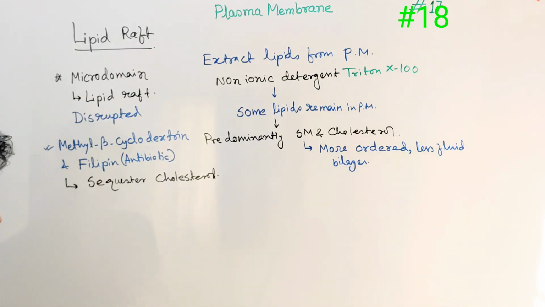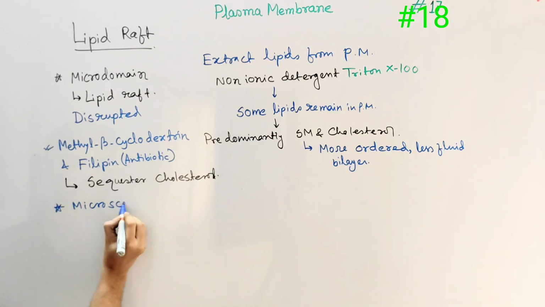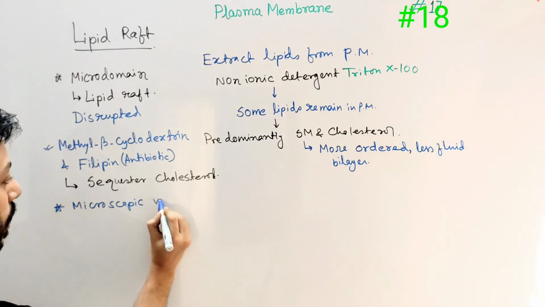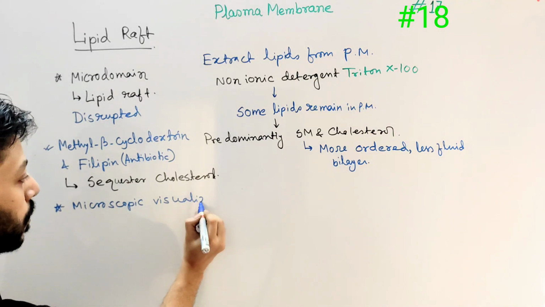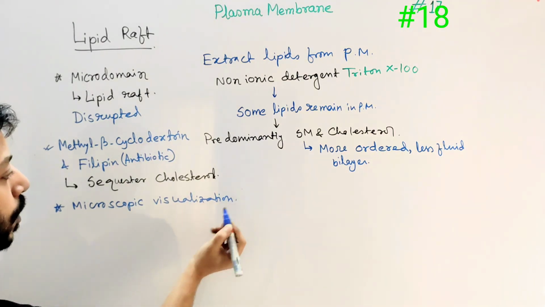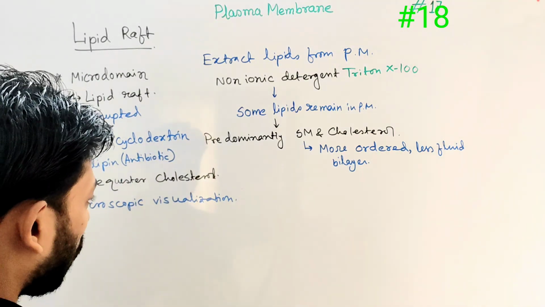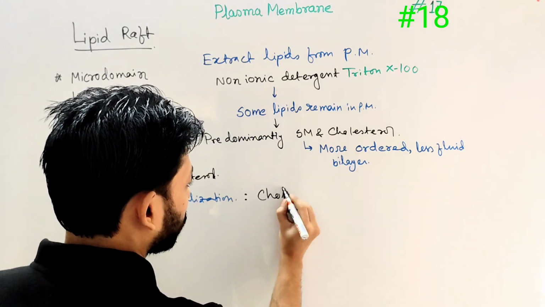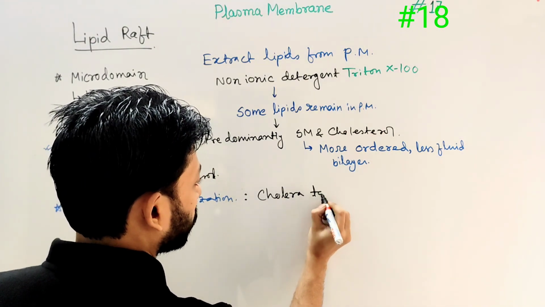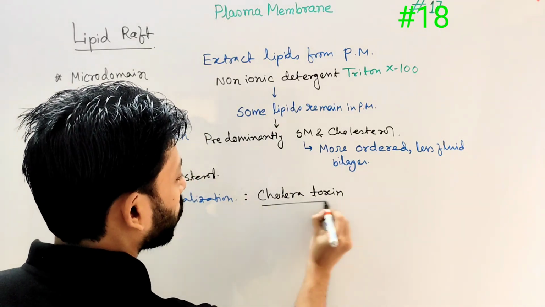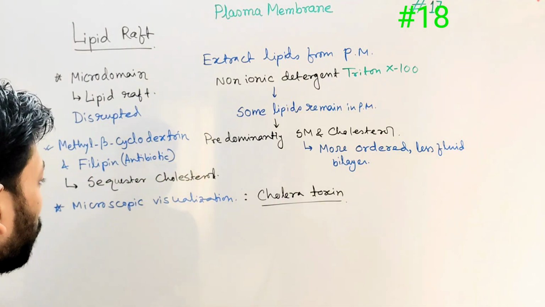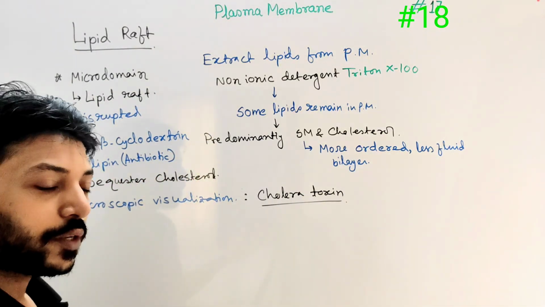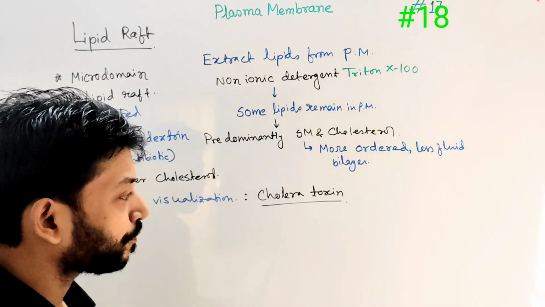Now, one thing is that for microscopic visualization of lipid rafts, we can use one very strange molecule called cholera toxin. Now, why can cholera toxin be used to see the lipid raft domain?